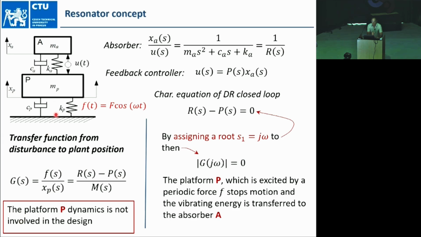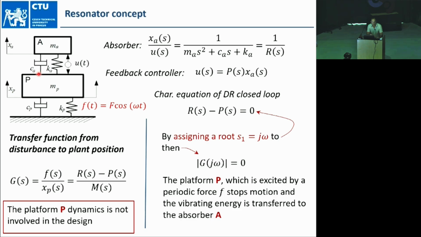Let me recall how it works. We have a mechanical system, which we call a platform, which is a second order oscillator excited by a harmonic force, a single harmonic force. For suppressing its vibrations, we can mount a passive absorber.